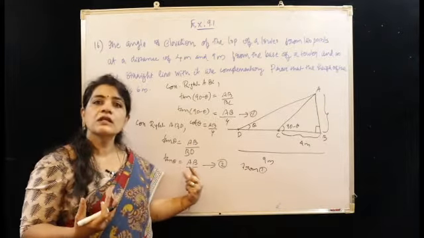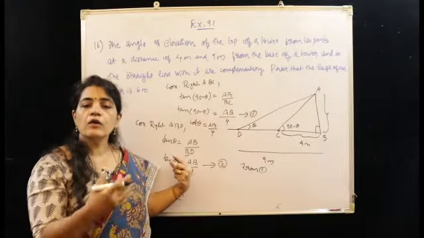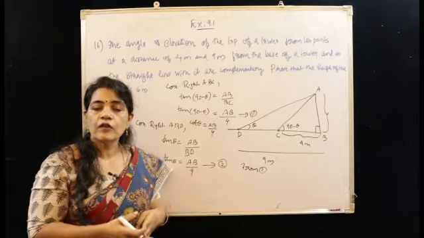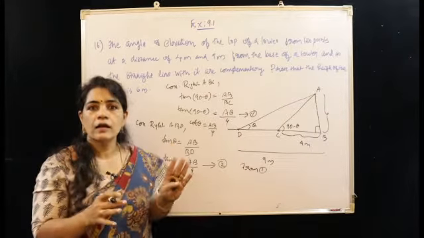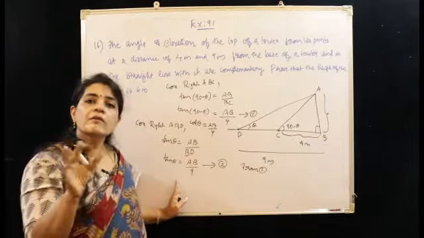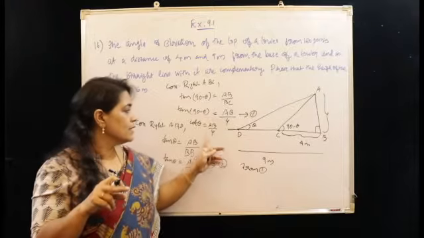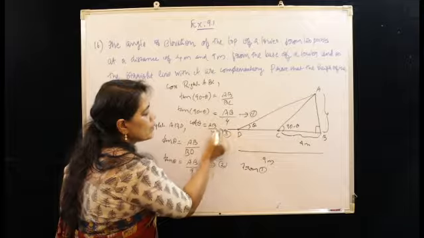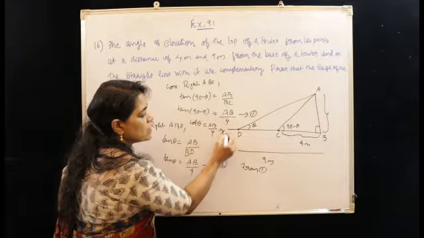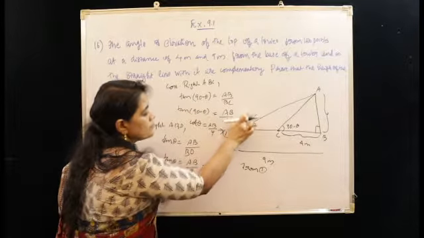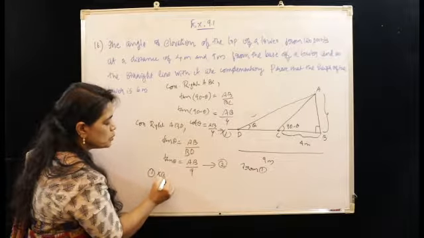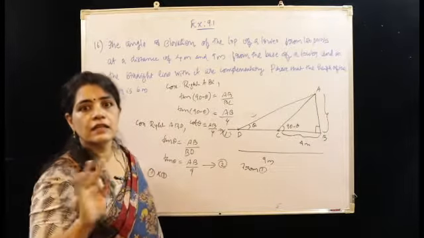Tan theta and cot theta are reciprocals, and the product of a ratio with its reciprocal is 1, so they can be easily eliminated when you multiply these two equations. Now we are multiplying equation 1 into 2, then tan theta and cot theta get eliminated.